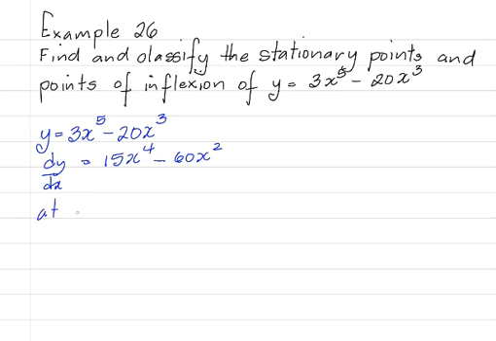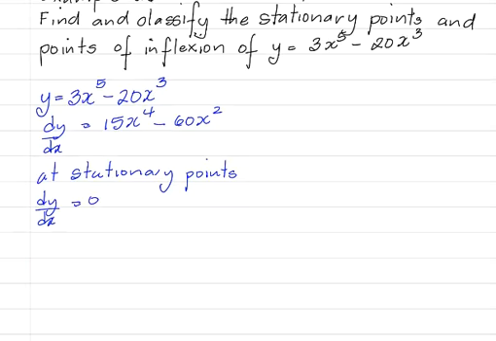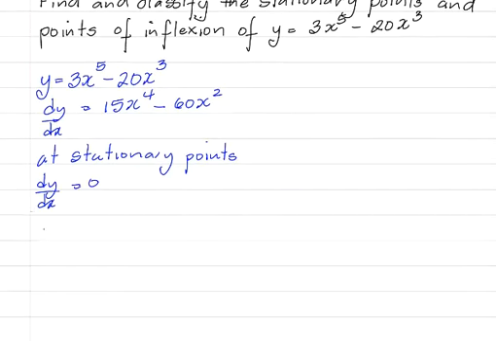Now, first, let us find the values of x at the stationary points. At stationary points, dy by dx is equal to 0. So 15x to the 4 minus 60x squared is equal to 0. Divide the entire equation by 15.